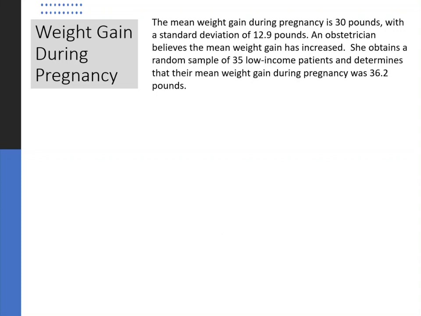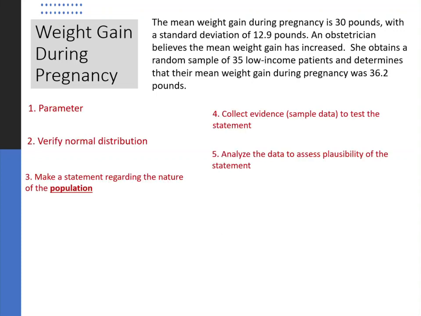Let's see how this looks in relation to the steps of the process of our hypothesis testing that we just discussed. First, we've got to identify the parameter. In other words, are we looking at a proportion, a mean, or a standard deviation? And you can see here that in the very first sentence, we are discussing average weight gain during pregnancy.